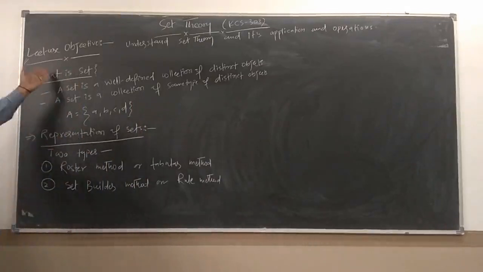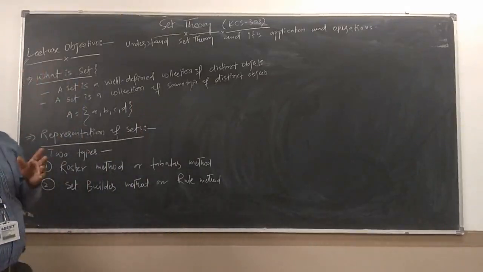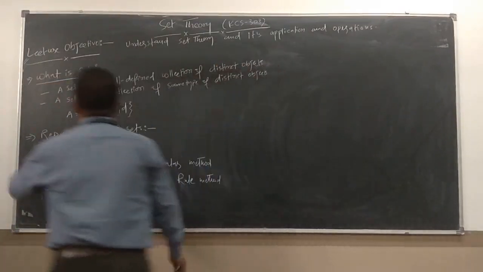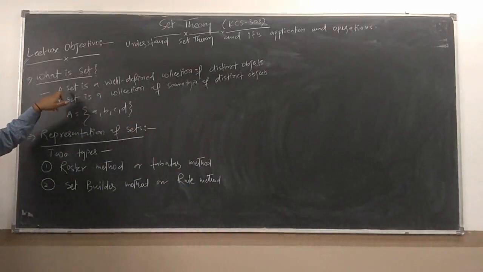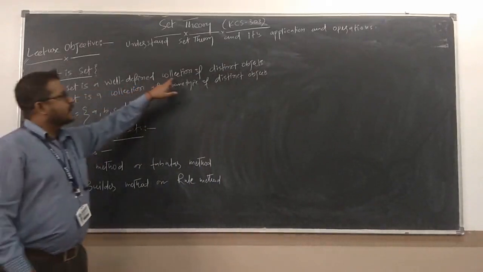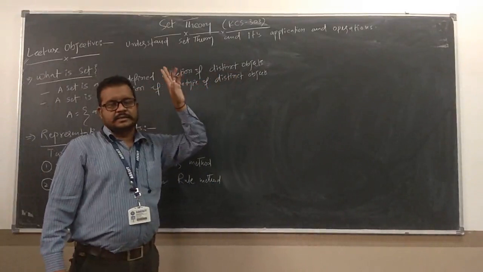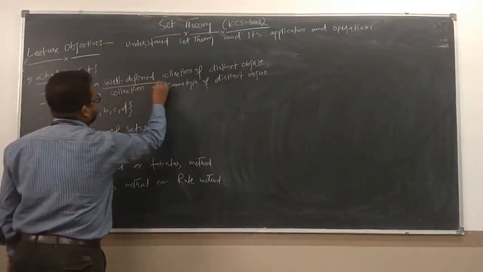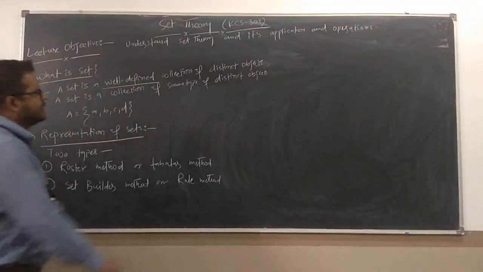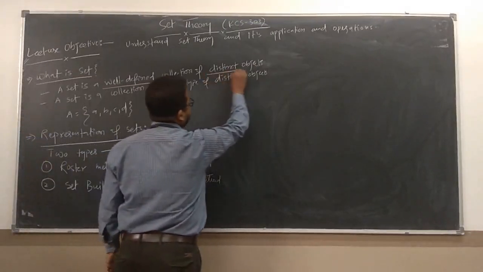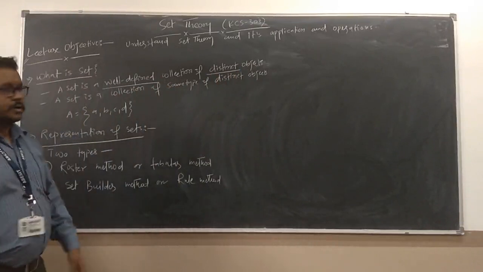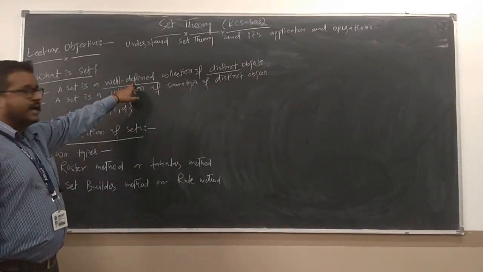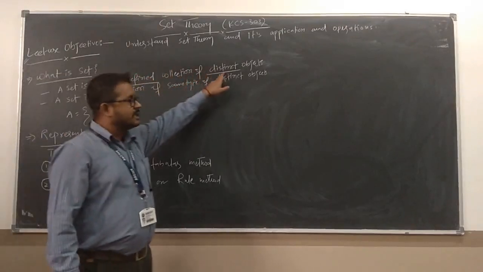So, what is a set? I think all of you know what a set is. A set is a well-defined collection of distinct objects. There are two terms used: first, well-defined, and second, distinct objects.